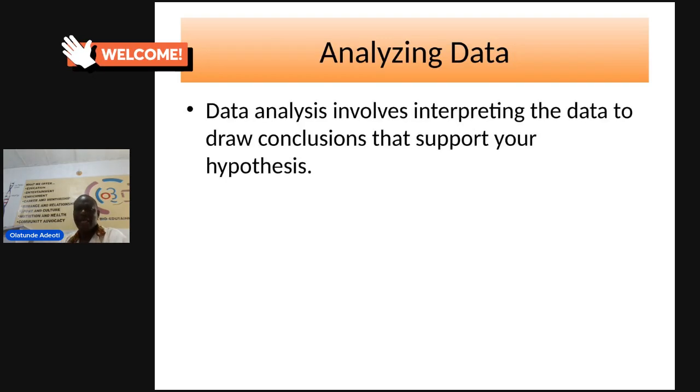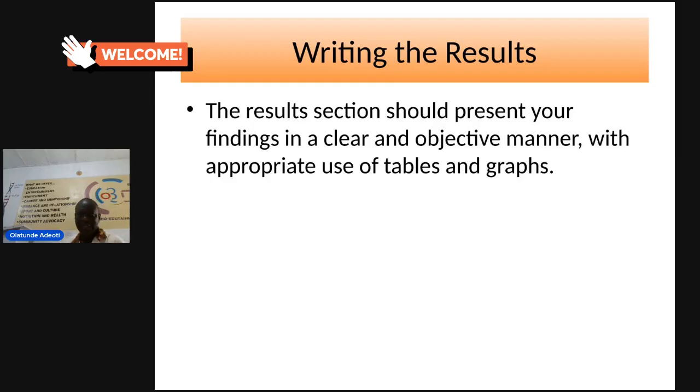Then analyzing your data will come under chapter 3. So the close of chapter 3 will tell us what method you are going to use to analyze your data. Are you going to use a computer? What are you going to use? So that should come under that.